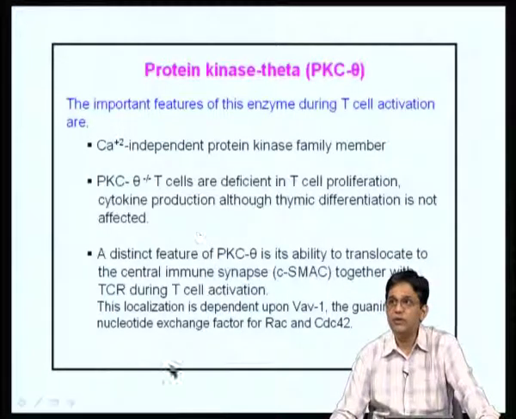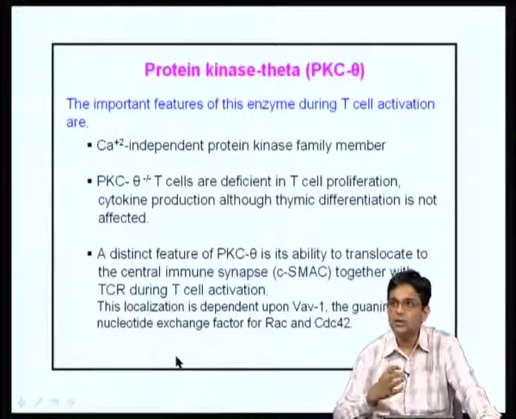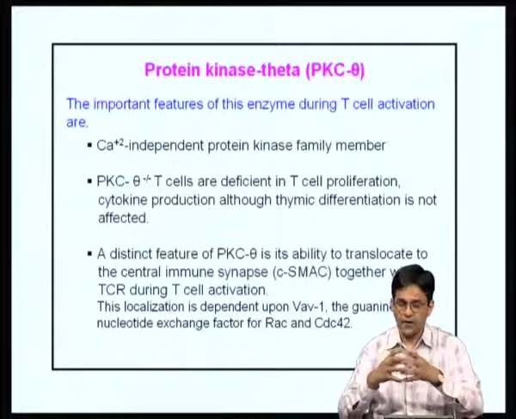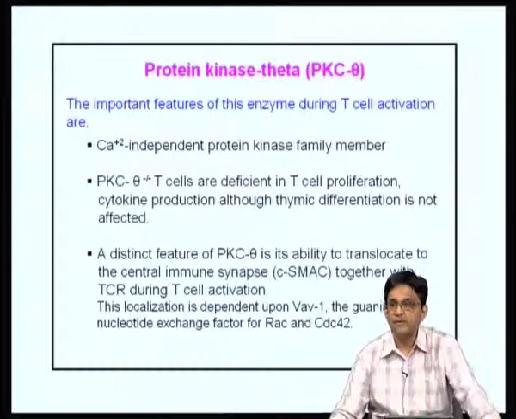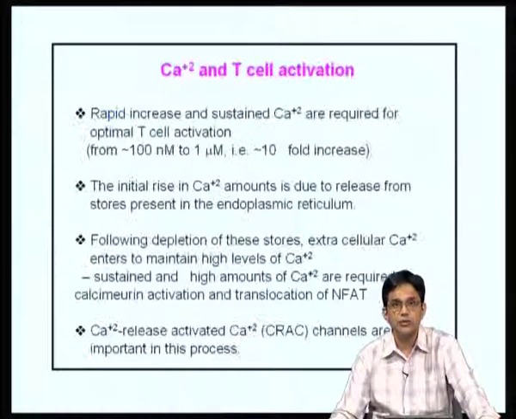Now, a key feature of PKC theta is its ability to translocate to the SMAC, which is where all these molecules form together along with high cholesterol during T cell activation, and this is dependent upon some G protein like VAV and the exchange factor RAC and CDC42.